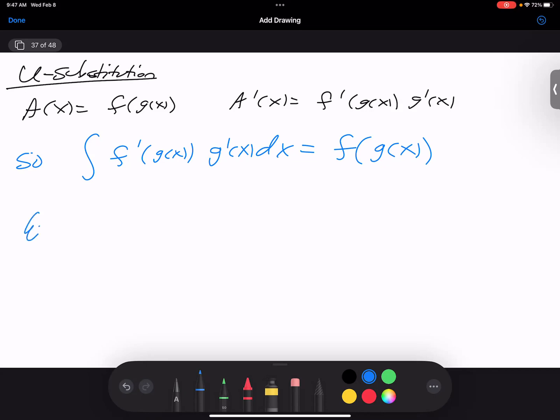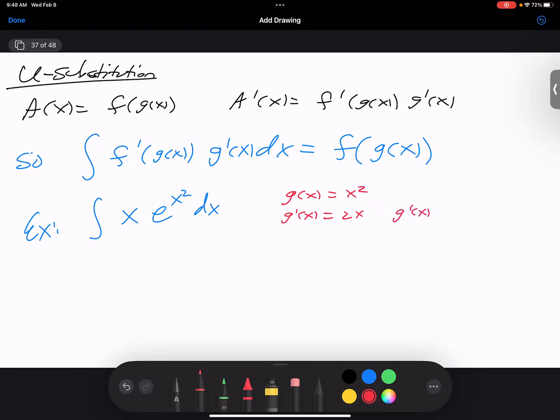So for example, let's say I give you the integral of x e to the x squared dx. If I want to try to solve this, let's let g of x be x squared. G prime of x would become 2x dx. Well, sorry, G prime of x would just be 2x.